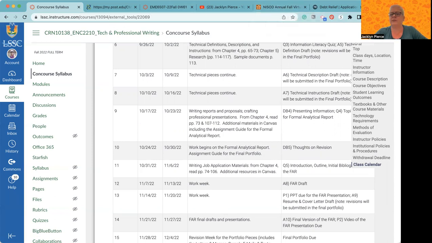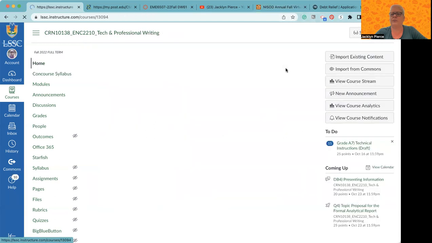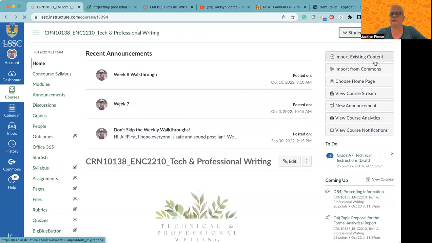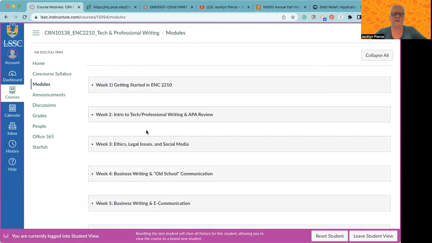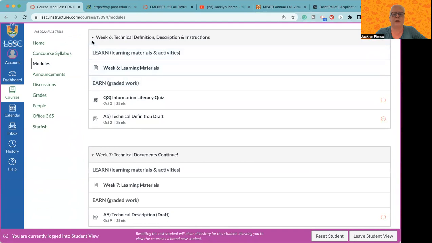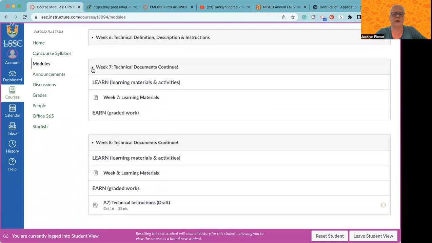So let's move to the student view and go into the module, so you can see where everything is located and all that good stuff. We are in week 9.